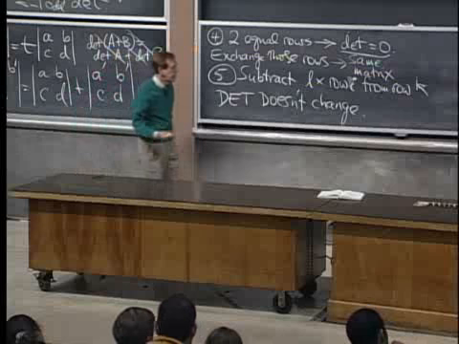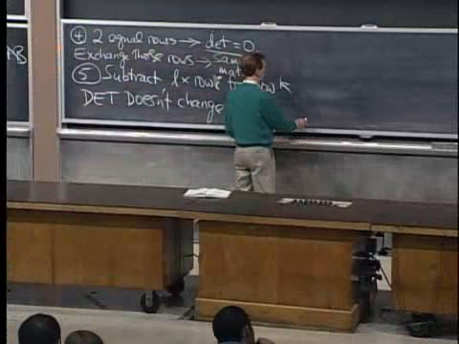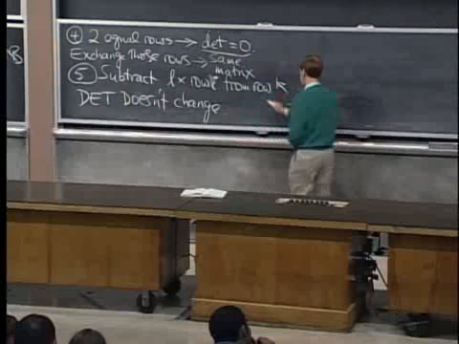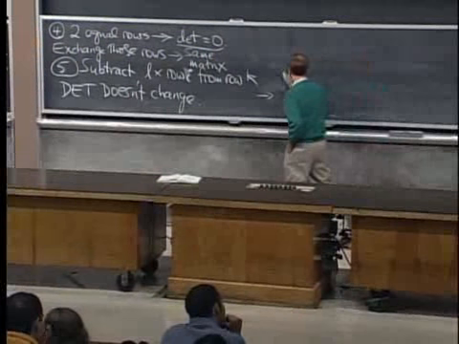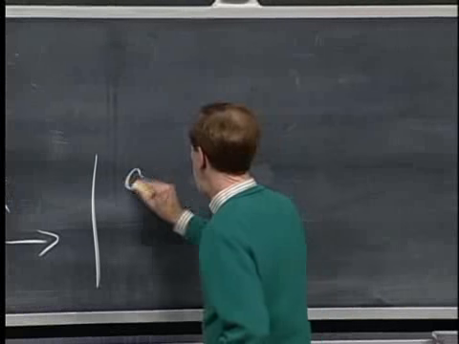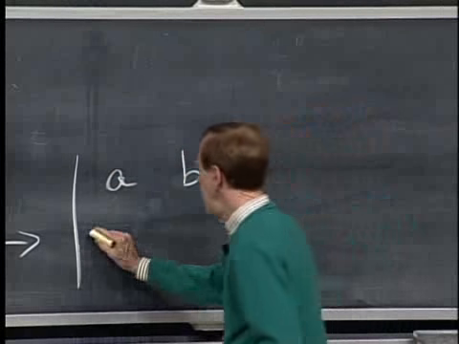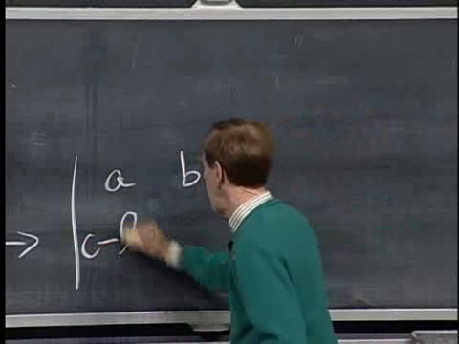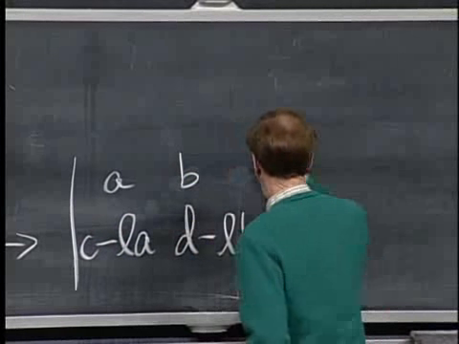Let me do the 2 by 2 case here. So I'll keep property 5 going along. So what am I doing? I'm going to have A B, C D, but I'm going to subtract L times the first row from the second row.